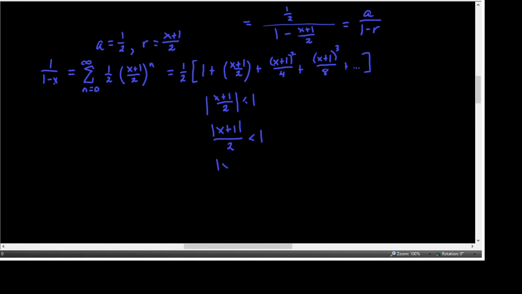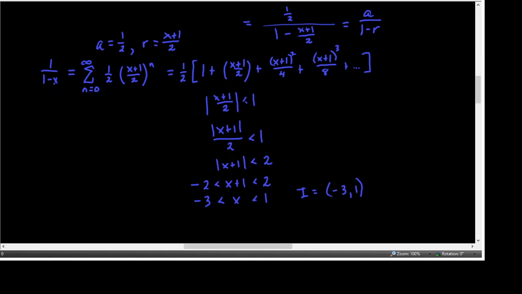Multiplying both sides by 2 makes the absolute value of x plus 1 less than 2, which means that x plus 1 is between negative 2 and 2. Subtracting 1 from everywhere, you get negative 3 is less than x is less than 1. So our interval of convergence is negative 3 to 1.